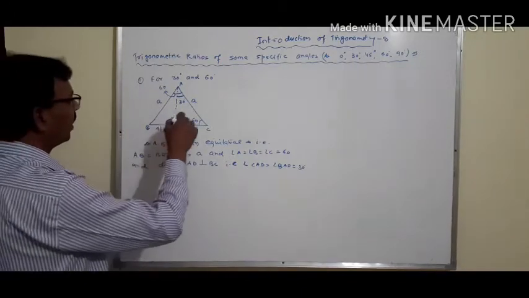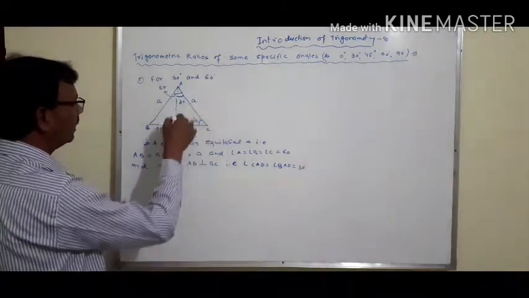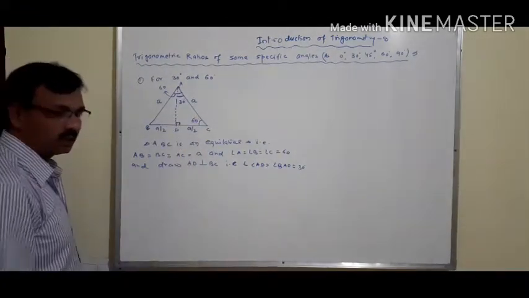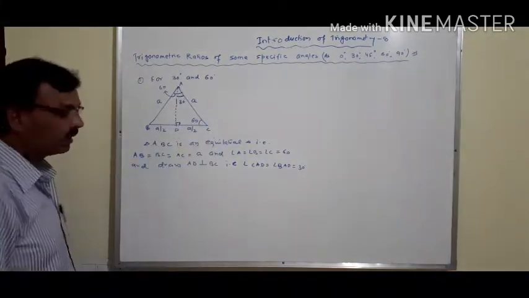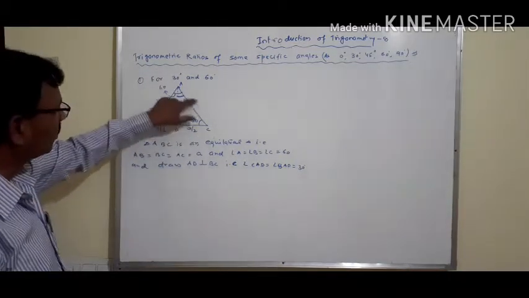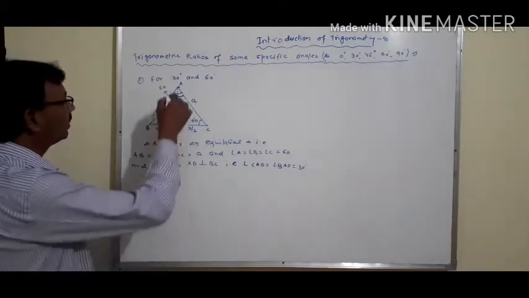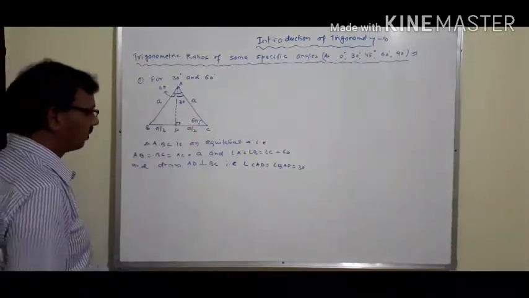Now we go to right angle triangle CAD, because this angle is 90 degree. Here AC and CD, the lengths of both sides, are given. So first we should find the length of AD by the Pythagoras theorem.